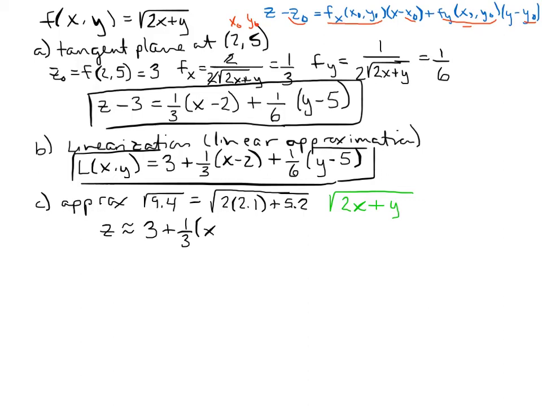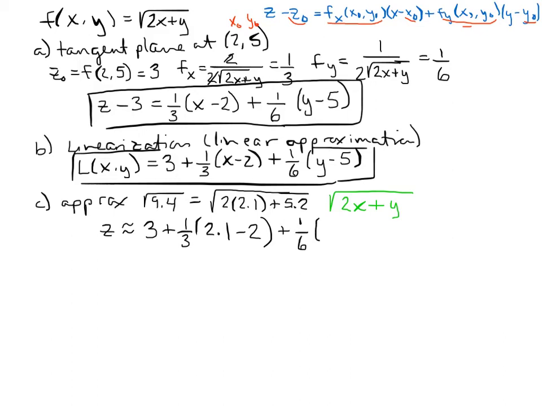Sorry, the x value is, let me erase that, because we know the x value that we're looking for, that's 2.1, minus 2. I had to look back and see where I'm plugging this into. Don't forget we're plugging it all into here. Plus 1/6 times y.